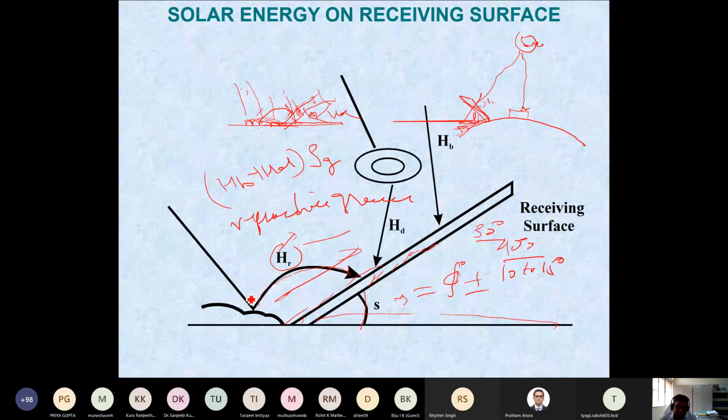Suppose it has 100% reflectivity, that means the solar radiation will be doubled on this receiving surface. But we can say 100% only in the mirror, which is nearly 100%. For other things, maybe 20-30%, depending upon the ground conditions, ground nature.